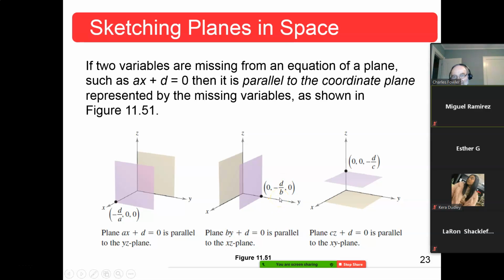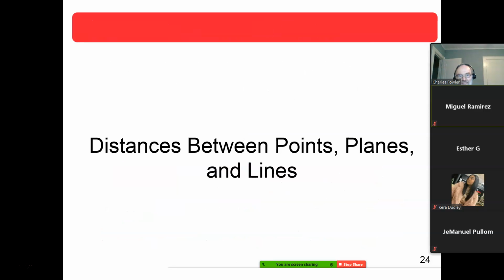So I don't know why they did it that way, but they're doing it. And then this one, this would be parallel to the xy plane. And again, they did this as being a positive value, but with a minus in front of it. So I don't know why they did it that way, but they did. Okay. Now, where were we?